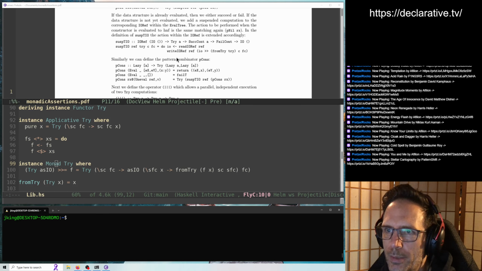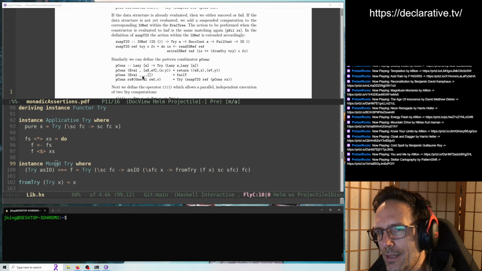Similarly, we can define the pattern combinator of pcons. Can we, though? Maybe what the dual arguments are supposed to be. Maybe the definition is supposed to keep both the IO refs and the computations. I wonder if that's the case, because that would work. This branch would work.